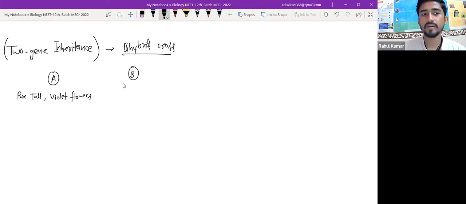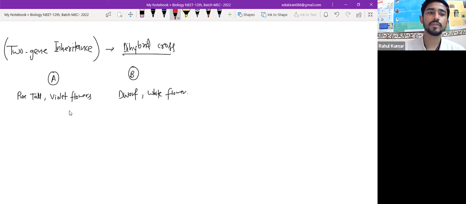And parent B will be pure dwarf, and because dwarf can only be pure, there is no need to write pure. You can write dwarf with white flower.